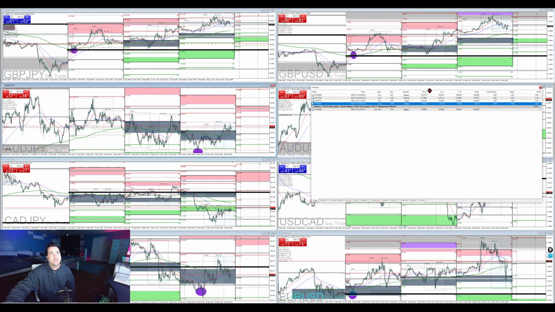We have 4 active orders right now: the euro yen, the Australian yen, the Australian dollar, and the pound yen.